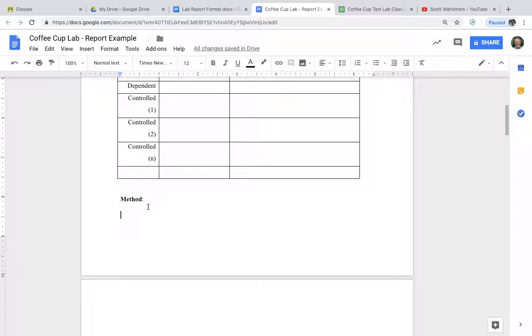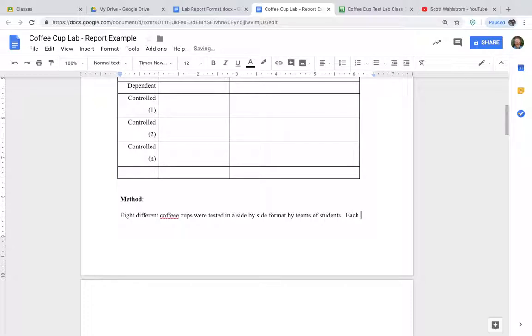And I might want to say something like, 8 different coffee cups were tested in a side-by-side format by teams of students.